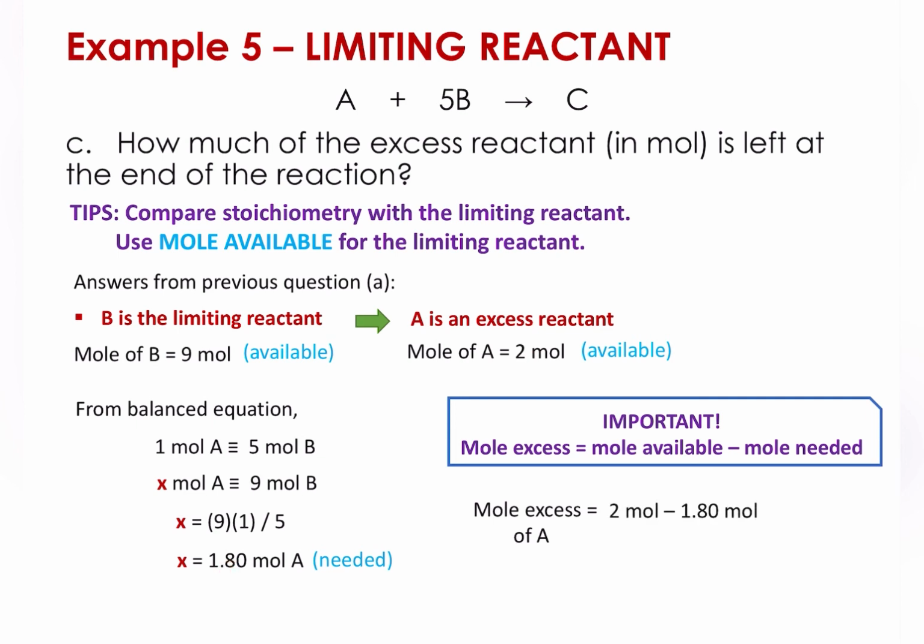So, I will have mole excess iaitu yang remain at the end of the reaction iaitu 0.20 mole. So, inilah cara ekstra soalan yang boleh tanya daripada bahagian limiting reactant. Dia juga boleh tanya untuk excess reactant yang remain at the end of the reaction.